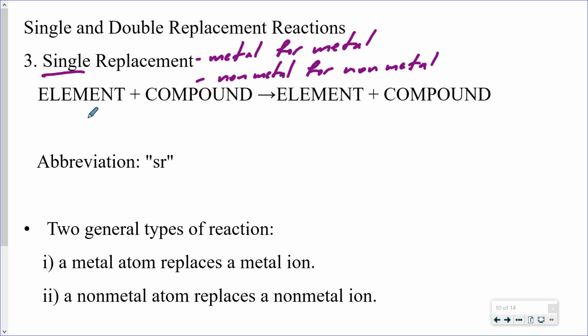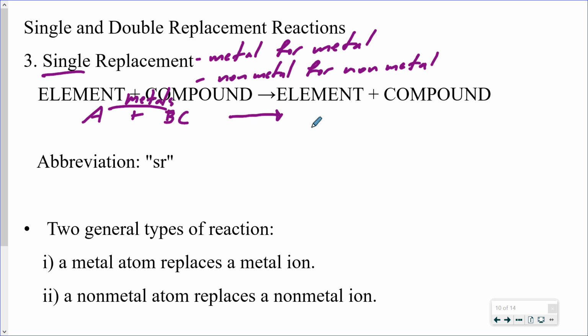Well, we start with an element, which in generic terms I'll call A, and we're combining it together with a compound. And we'll call this BC. So if these ones here are both metals, we're just going to flip them around. Both A and B are metals, and I'm just going to exchange them.